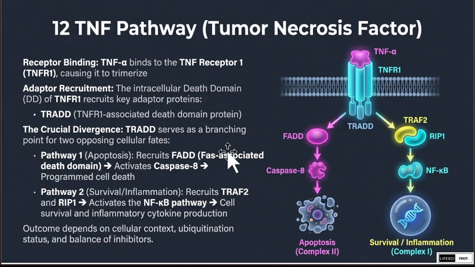After the recruitment of TRADD, it serves as a branching point for two opposing cellular fates. The first pathway is about apoptosis, recruiting FADD, Fas-associated death domain, that activates caspase-8 and forms programmed cell death. Pathway 2 acts as a survival and inflammation pathway that recruits TRAF2 and RIP1.